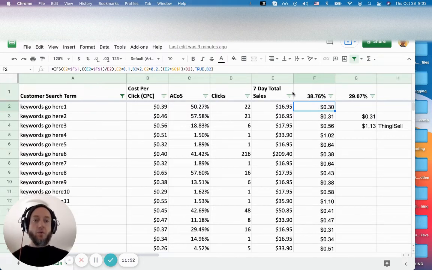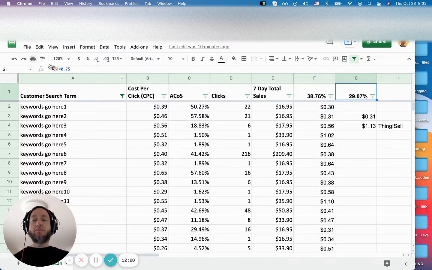And one thing I did here when I was doing this formula was I just set it to what the break-even would be, but depending on your strategy, if you're going for brand awareness, you just want to hold that top position on the page, or if you're going strictly for profit, you can change this, make it a lower percentage if you need to. So for example, this one right here is just another one I did. It's just this break even times 0.75.